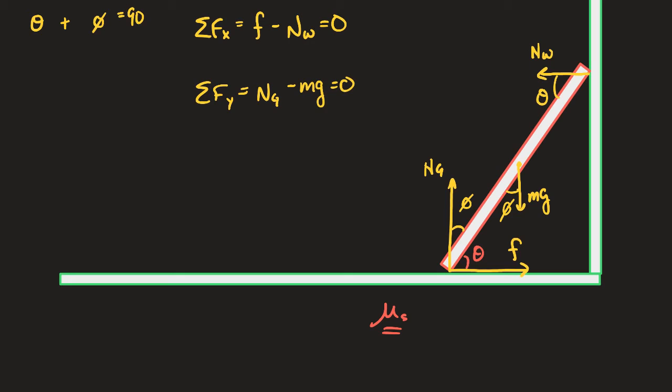For example, one of the more likely questions is to figure out what theta is for a specific mu. So if you place your ladder on a somewhat slippery surface, what angle do you have to place it against the wall so it won't slide back? A more common and easier question is to give the angle and then ask what must mu be for the ladder to stay in place.